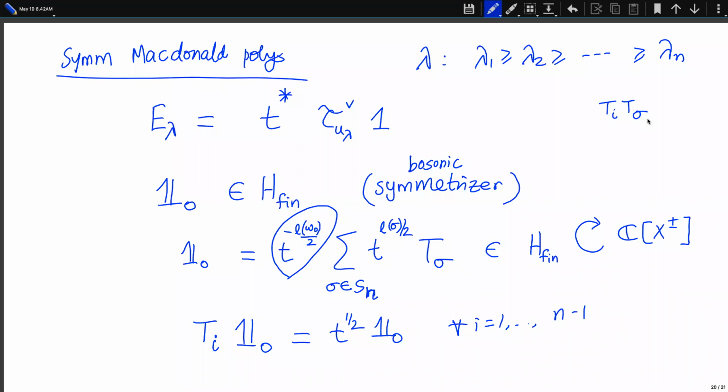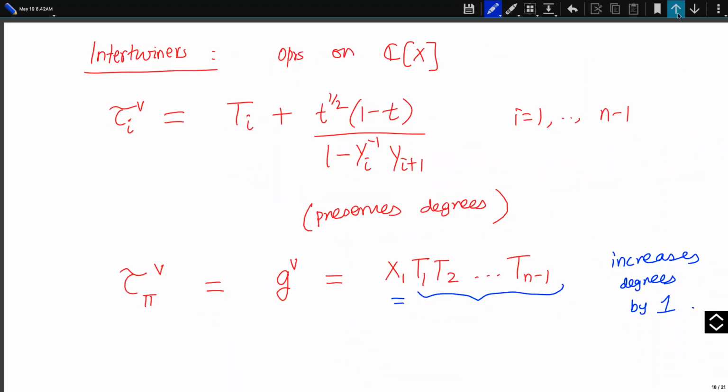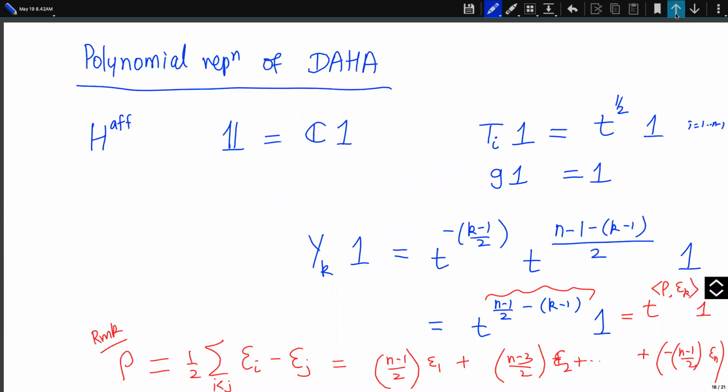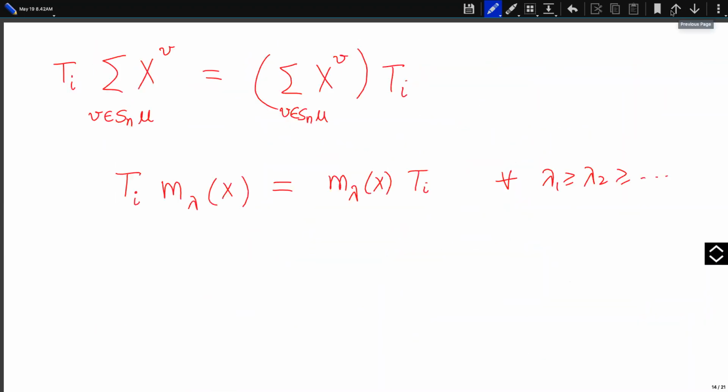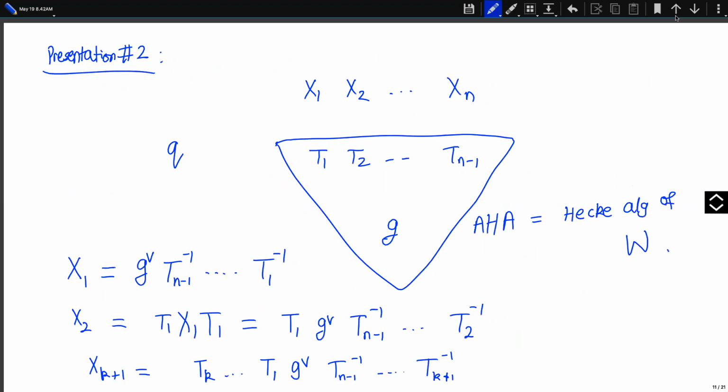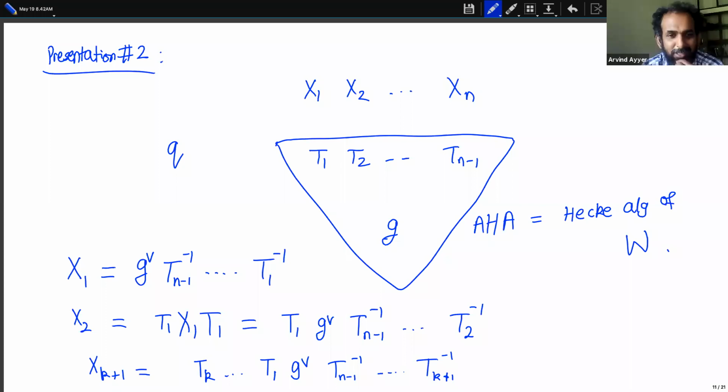Any more questions or comments? I have a quick question. This presentation 2, I'm a bit confused between that and this representation that you're talking about. Morally, it should have been done the other way, right?